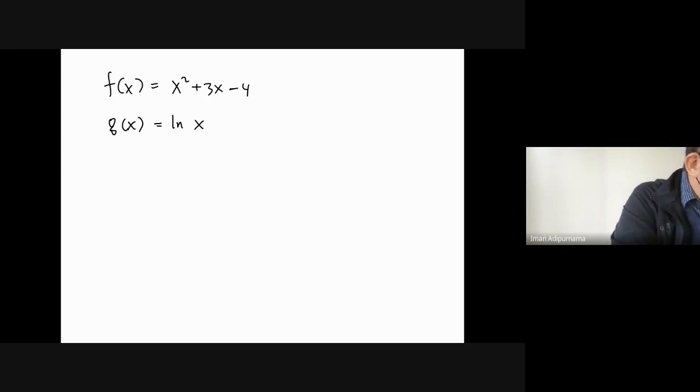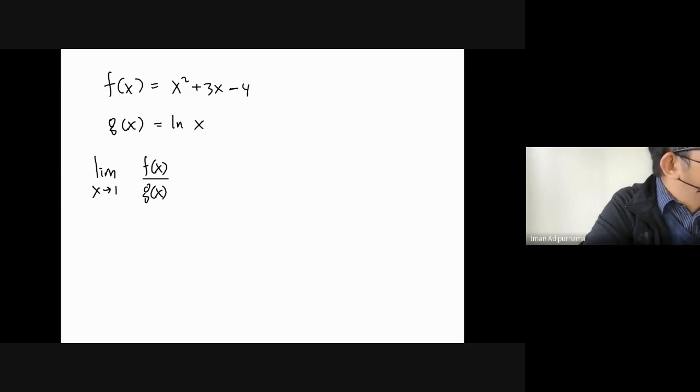And then imagine if we want to evaluate the limit as x approaches 1 of f of x divided by g. Of course, some of you are already familiar with the L'Hopital rule, right? But what is actually the L'Hopital rule? And how can we approach the L'Hopital rule?